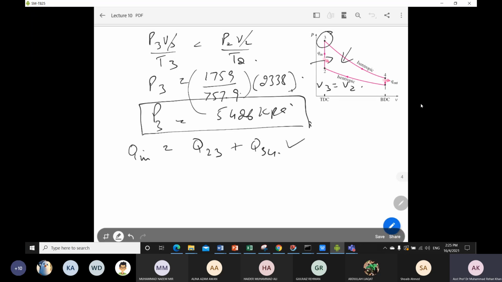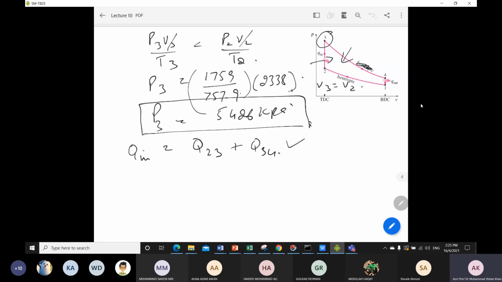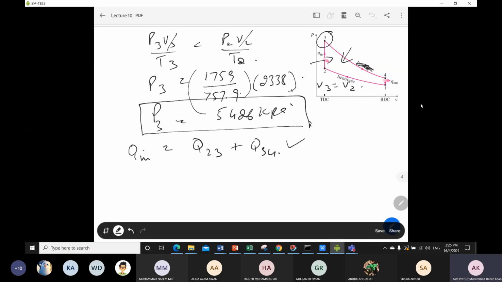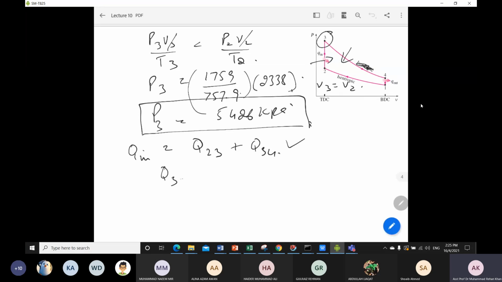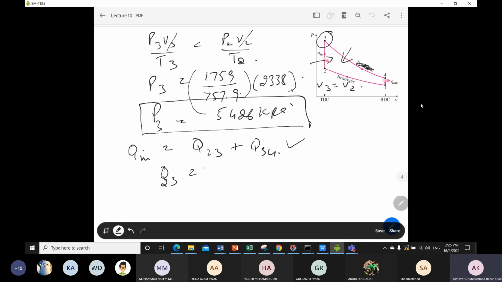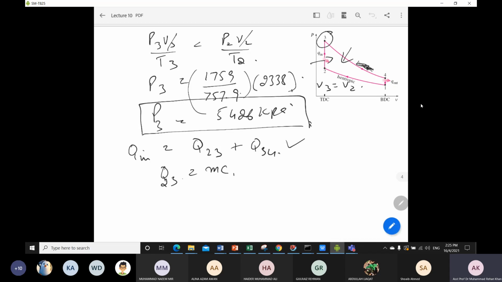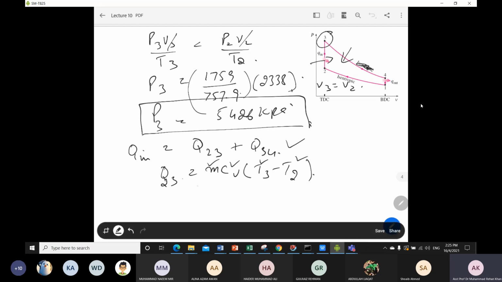Q34 we already found for the polytropic process, and Q23 we can easily find. Because it is a constant volume heat addition process, the relation that is valid is Q23 equals m Cv (T3 minus T2). m is known to us, Cv value we can easily find, T3 and T2 are also known. So you can plug in all the values and easily find Q23.